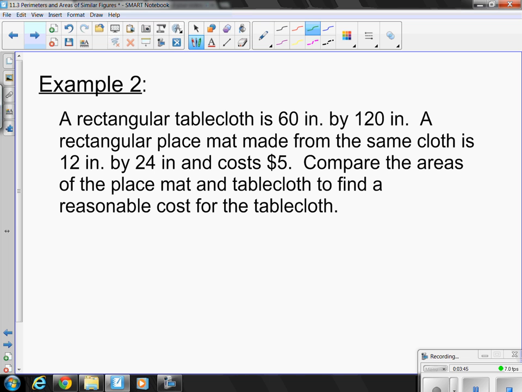Now we can use this to analyze some word problems here. If a rectangular tablecloth is 60 inches by 120 inches, and a placemat of the same material is 12 inches by 24 inches and costs $5, compare the areas of the placemats and the tablecloths to find a reasonable cost for the tablecloth. So 12 by 24, this one is 60 by 120.